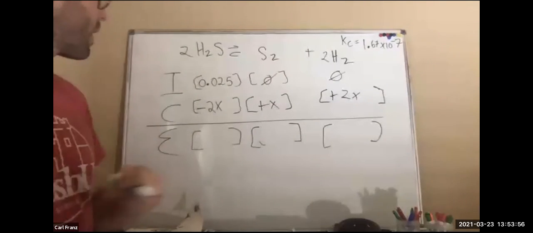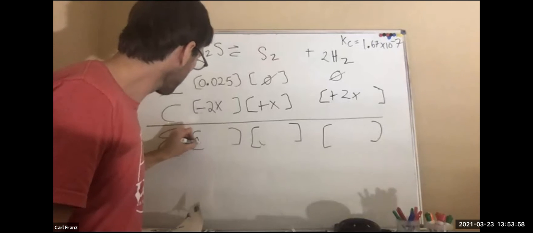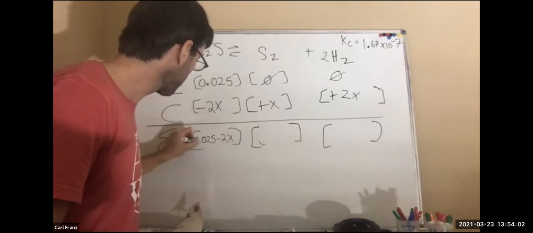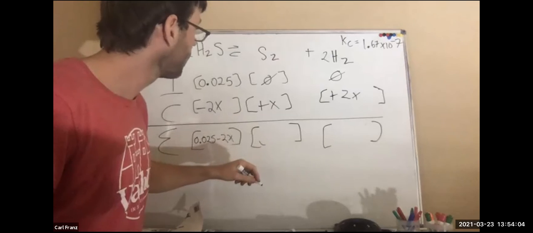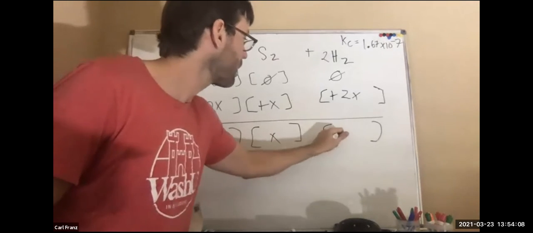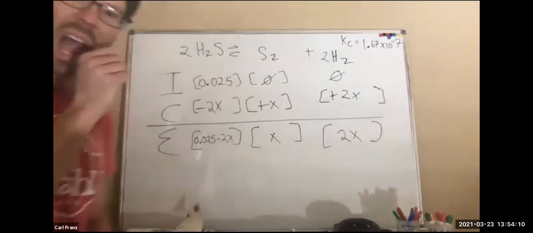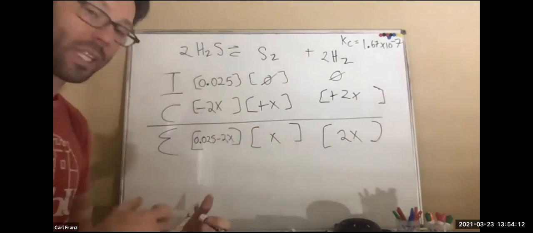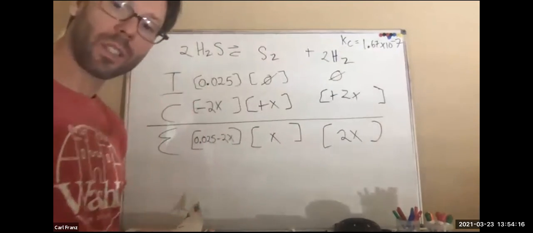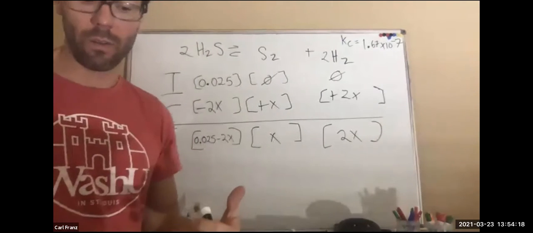Coefficient of 1, so 1x, 2x, minus 2x, and so then we get 0.025 minus 2x, x, and 2x. Now we put that into our equilibrium expression and set it equal to 1.67 times 10 to the negative 7, and we solve for x, right?